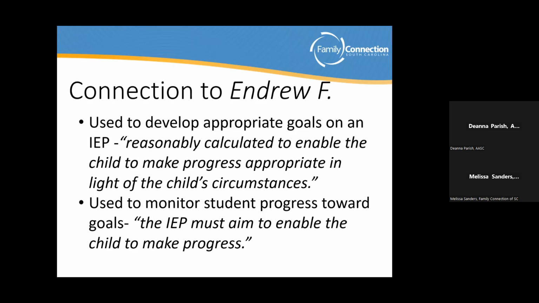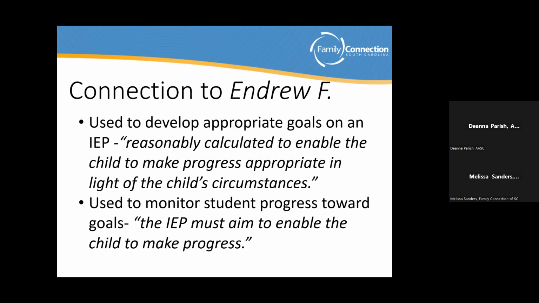Progress monitoring really helps to inform IEP teams of instructional strategies that have been proven successful when used with a student. So that's reasonably calculated. You have data that shows that. And individualization for opportunities to meet challenging goals and objectives based on the student's unique needs. So that's the in light of the child's circumstances part of this.